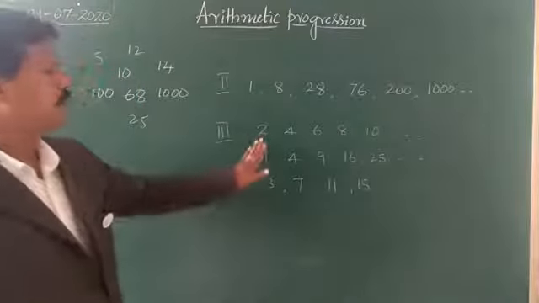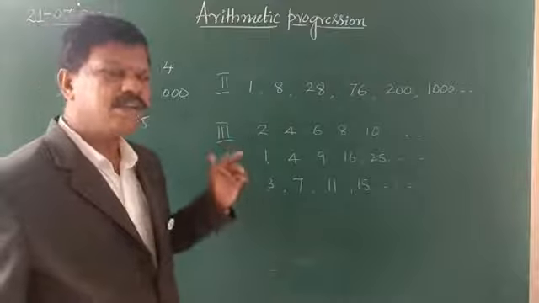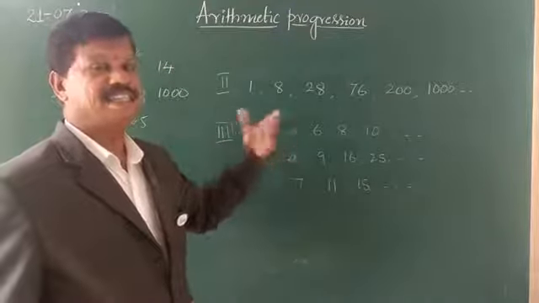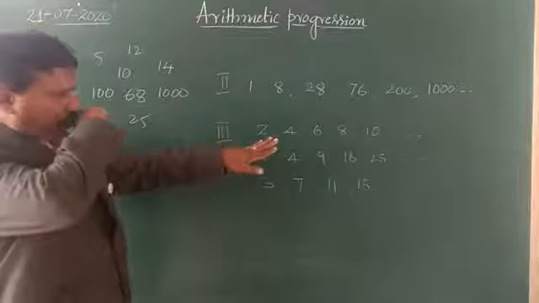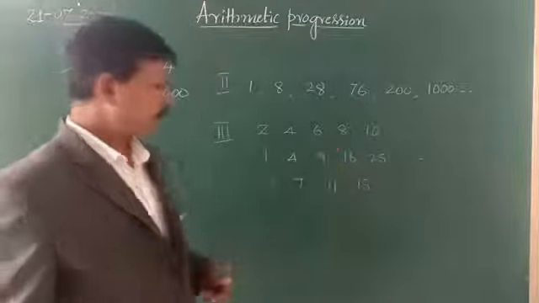Now look at this. What is the definite rule here? One number and its next number: it is increasing by 2.